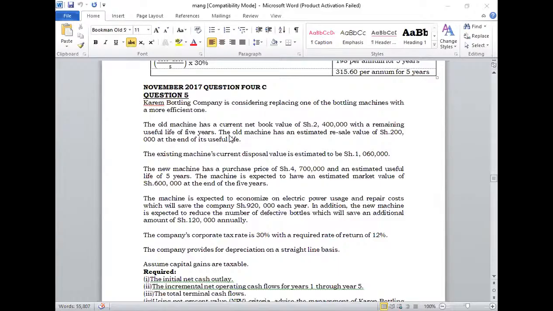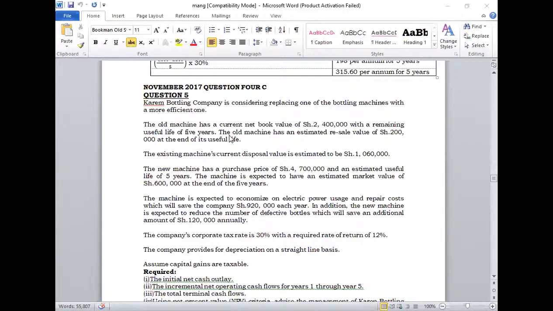The existing machine's current disposal value is estimated to be 60,000. The new machine has a purchase price of 4.7 million and an estimated useful life of 5 years, with an estimated market value of shillings 600,000 at the end of the 5 years.